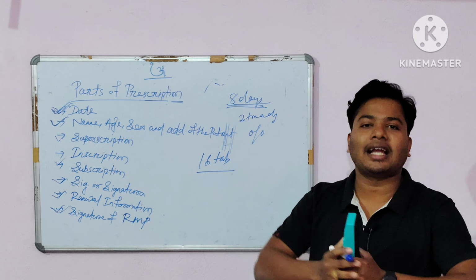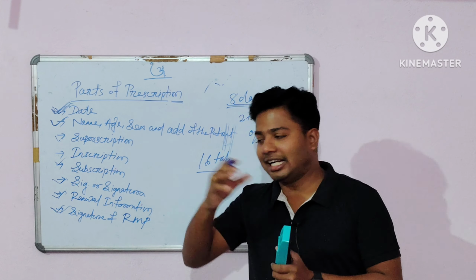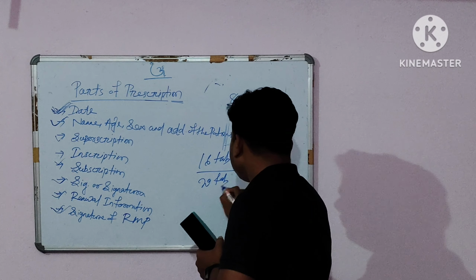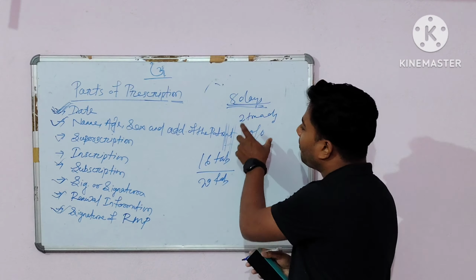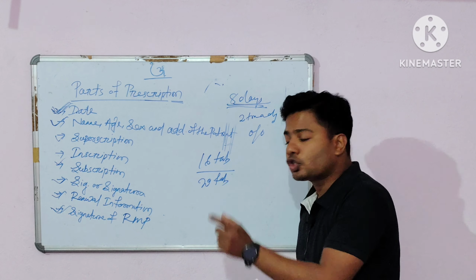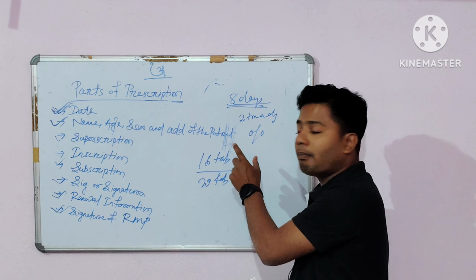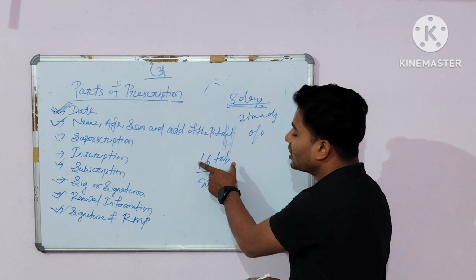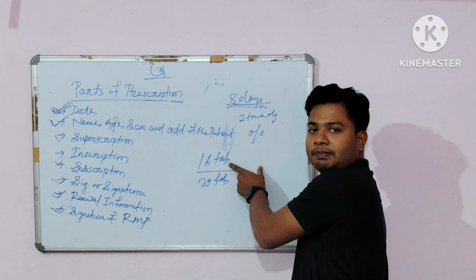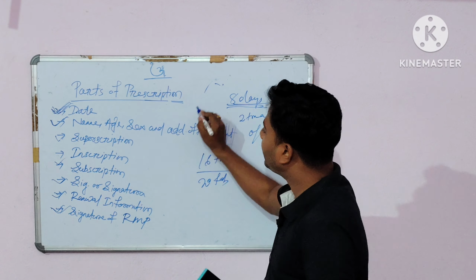Okay, but in that time the pharmacist dispenses to the patient 20 tablets. Okay, so in that time what will happen? The pharmacist dispenses 20 tablets to the patient, but the patient administers only 16 tablets, and there is no date mentioned.